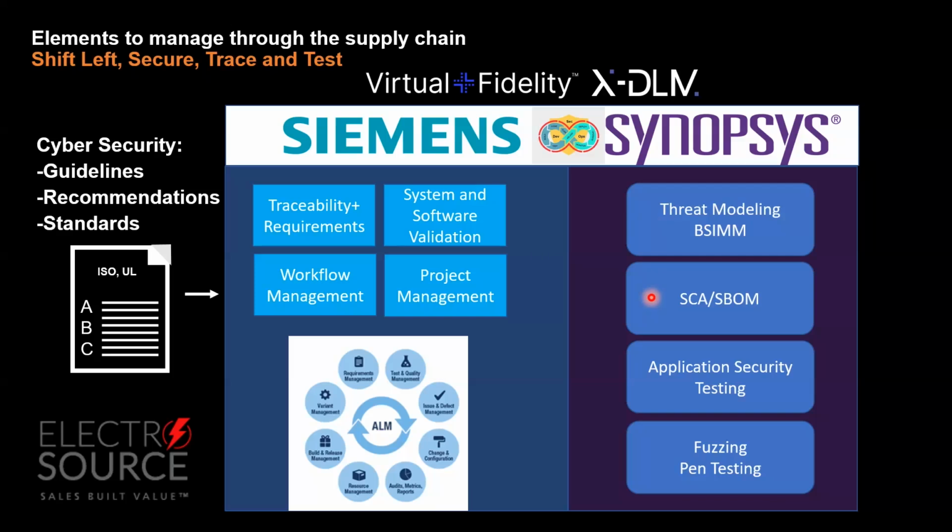Synopsys' Black Duck tool is an industry leader that provides SBOMs, license compliance, and security advisories for vulnerabilities. There are also different types of AST tools, such as static, dynamic, and interactive, for example, to secure code as it's written, and also APIs. And finally, fuzzing and pen testing to secure system interfaces from potential attack vectors.